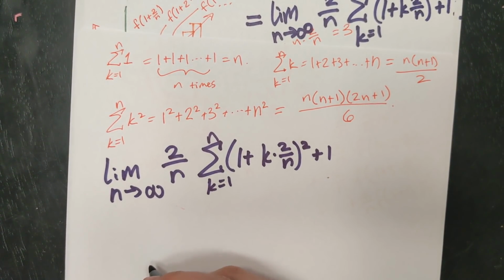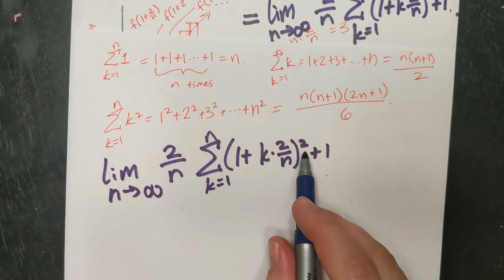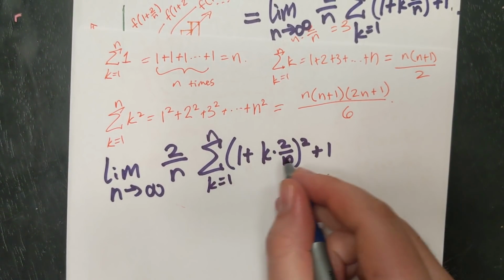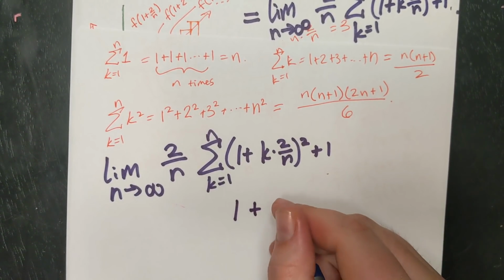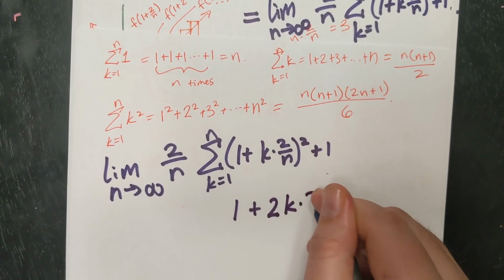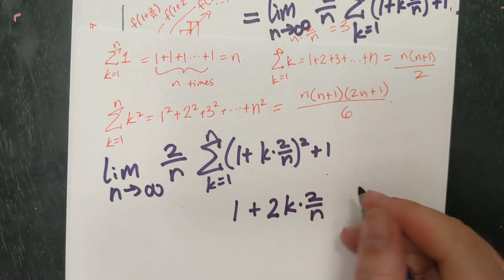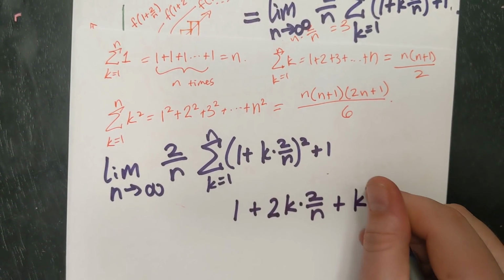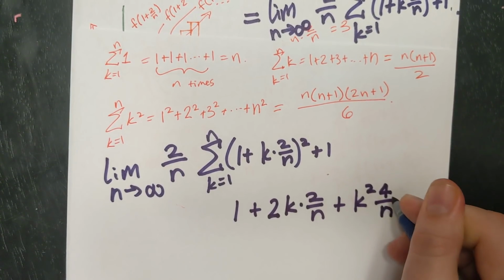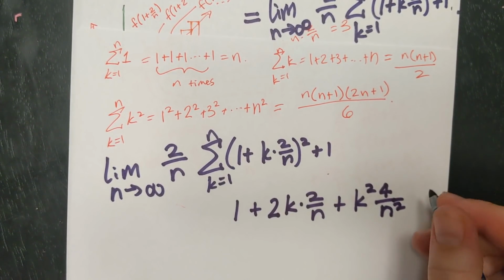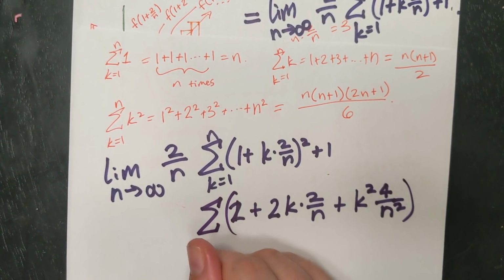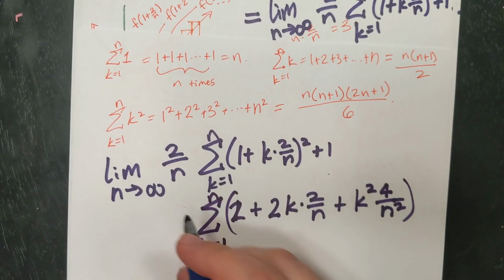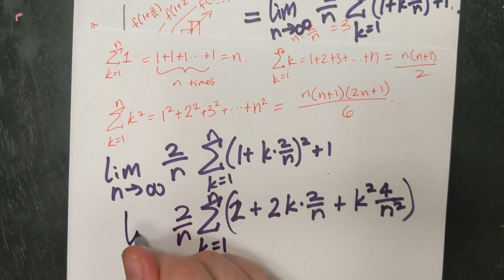First, we can say, okay, well, this piece squared is just 1 squared, which is 1, plus 2 times the first one times the second one, so 2k times 2 over n, plus the second term squared, k squared times 4 over n squared, plus another 1, which makes this one 2. So now we're just summing this up from k equals 1 to n, 2 over n times that.